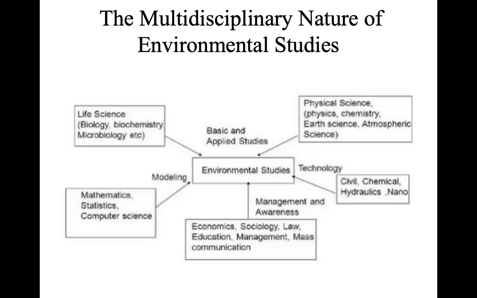We give the values of those parameters, and then comes the process of simulation. As soon as we enter into simulation, it enters into computer science. So what do you see? Geology, botany, chemistry, physics, mathematics, analysis of the data, statistics, then simulation.